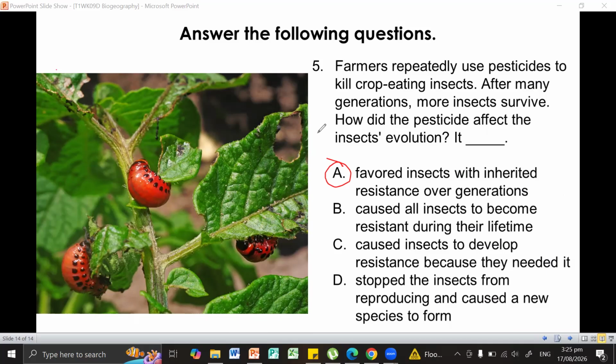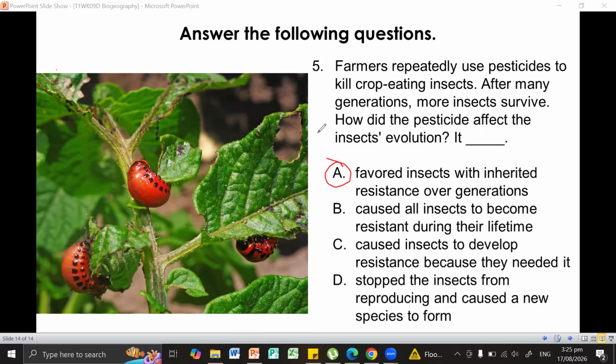I wouldn't say that some of you are tempted to answer letter C, cause species to develop resistance because they needed it. I wouldn't go so far as to say that the sprays automatically make the insects resistant. It's just that, for example, when you spray these three insects here, and the second one in the middle survives, and the other two side by side die, then the crop-eating insect was able to develop resistance against the pesticide.